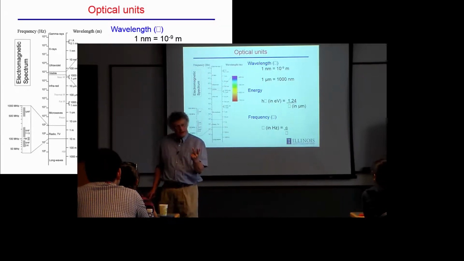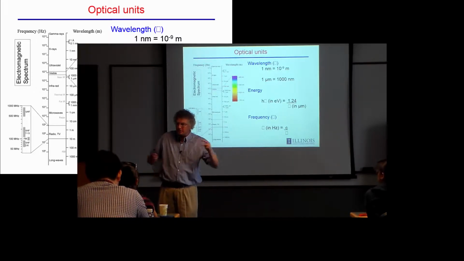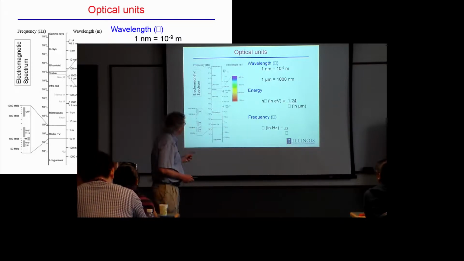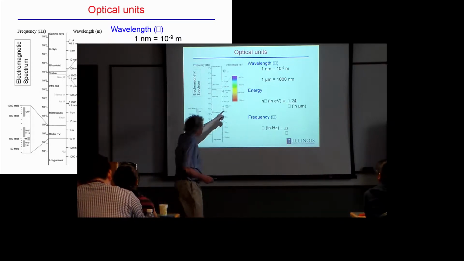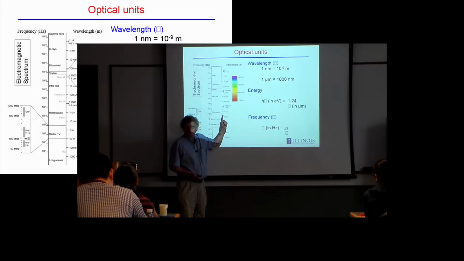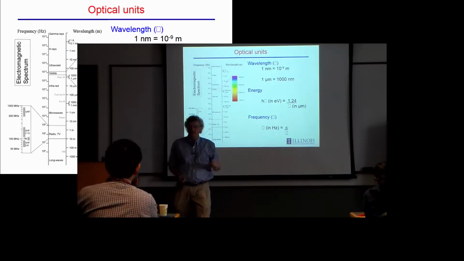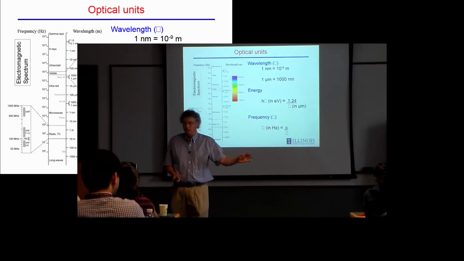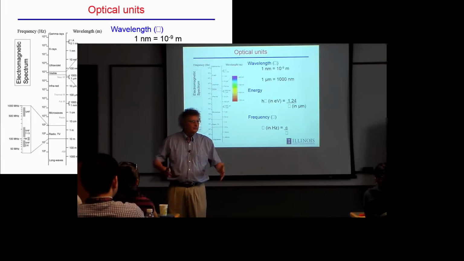Now what's interesting is frequency, wavelength, and energy are all the same concepts expressed different ways to describe light. But energy and frequency don't change. Wavelength does, because wavelength depends on the medium in which the light is propagating, because light interacts with matter.